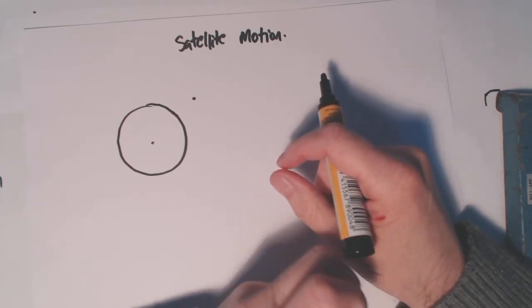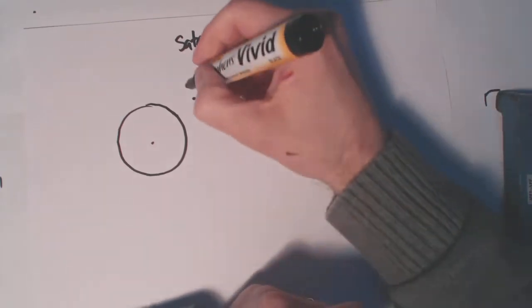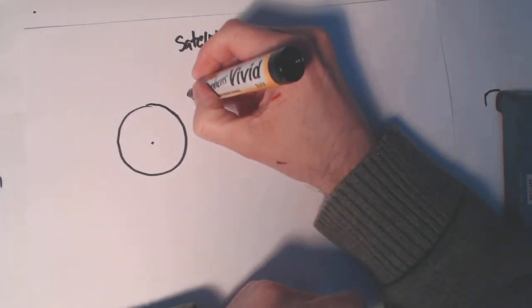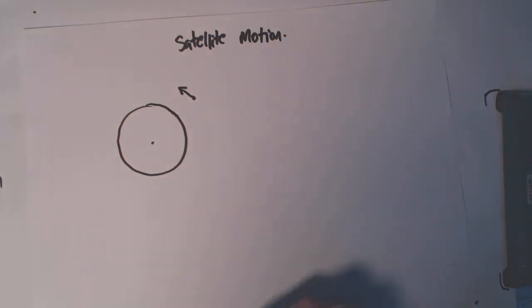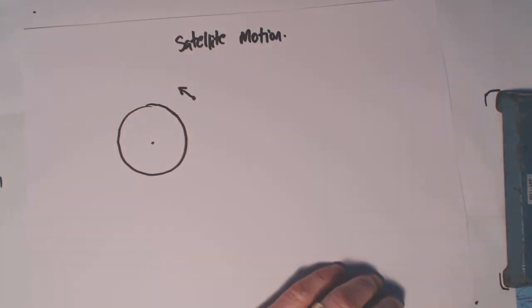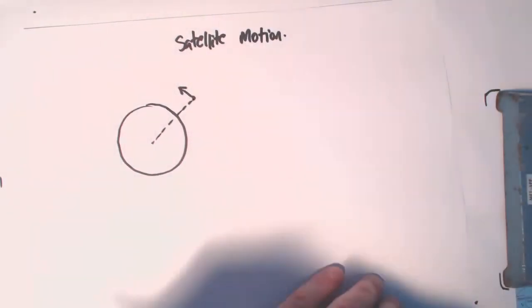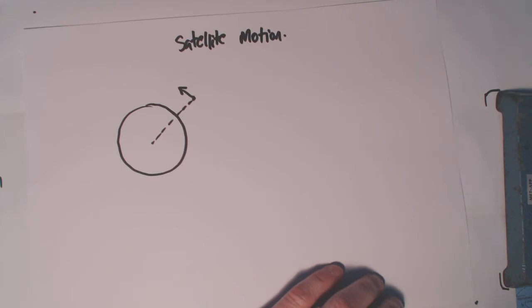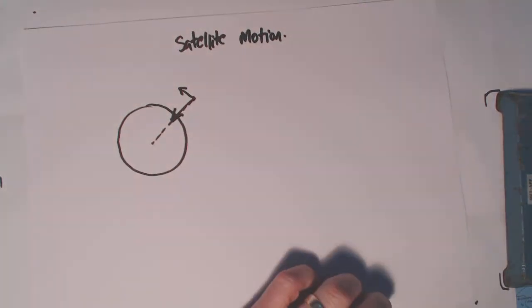Right? So why don't satellites fall down? This is the issue. Now the whole point is, if we can give them a big enough tangential velocity, that is at right angles to a line connected from the object to the center of the Earth, then the force of gravity is going to act as a centripetal force.